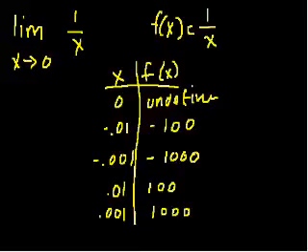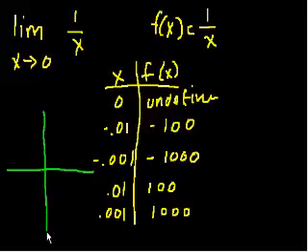And let me graph this just to give you a sense of what this graph looks like, because this is actually a good graph to know in general. So let's say that's the x-axis. This is the y-axis. So when x is a negative number, as x gets really, really negative, as x approaches negative infinity, this is approaching 0, but it's still going to be a slightly negative number.